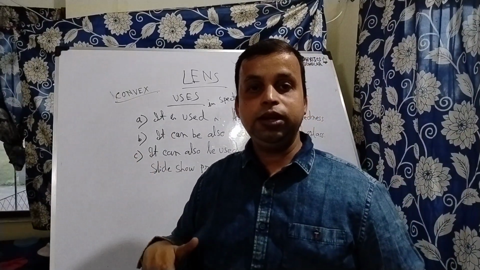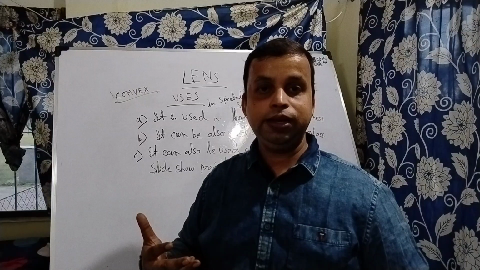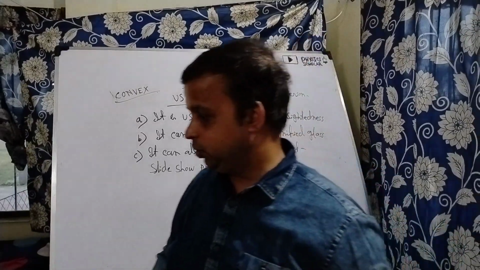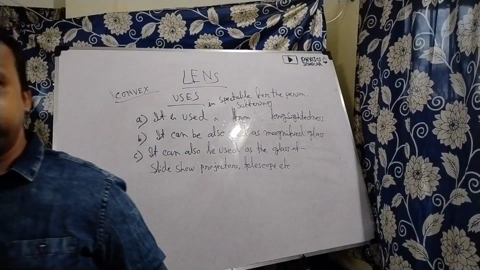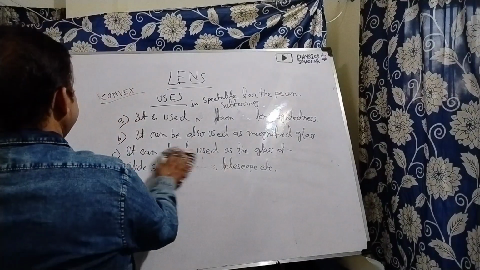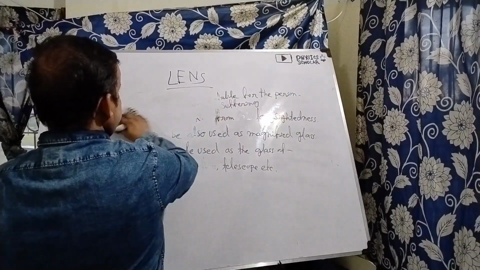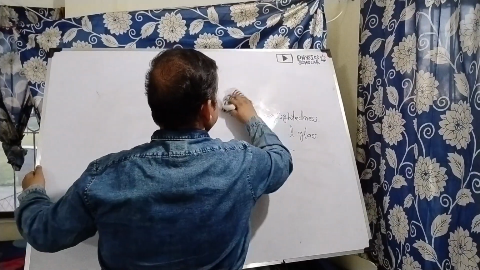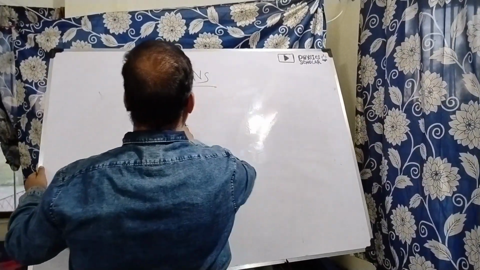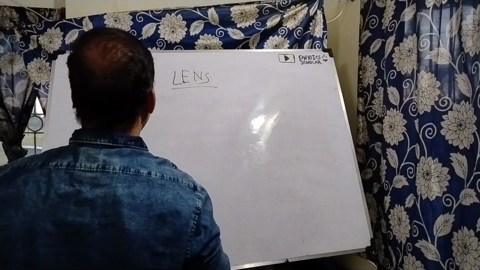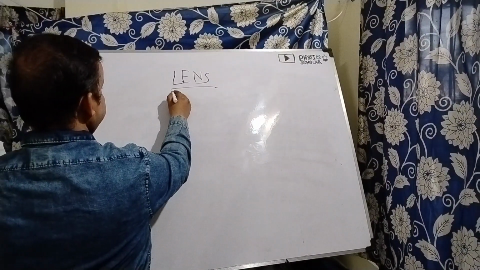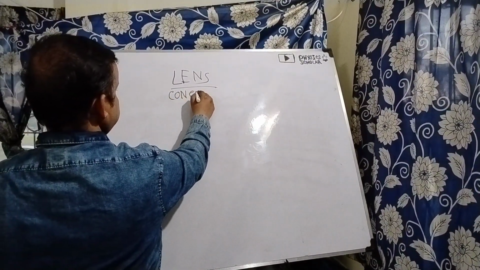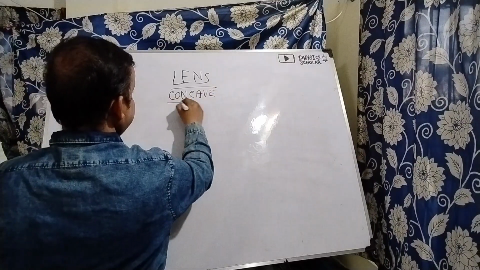Now we will learn the images formed by the concave lens. Already we have learned the convex lens, so now it is for the concave lens.